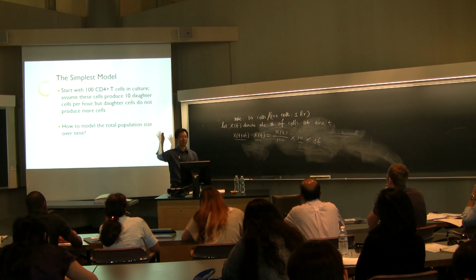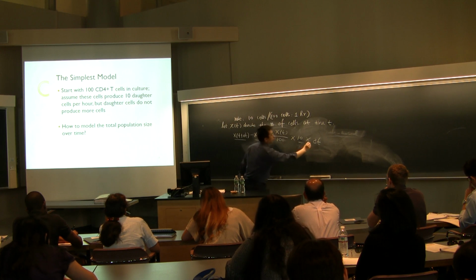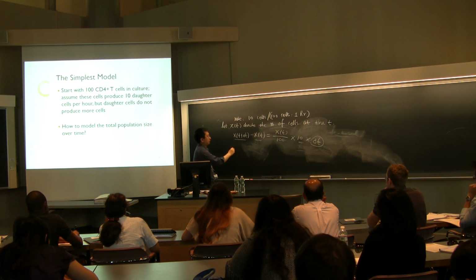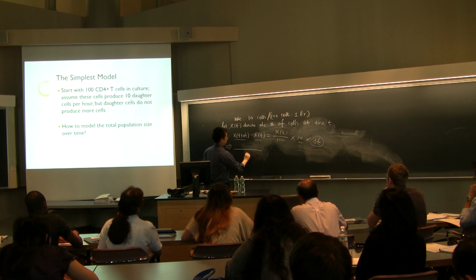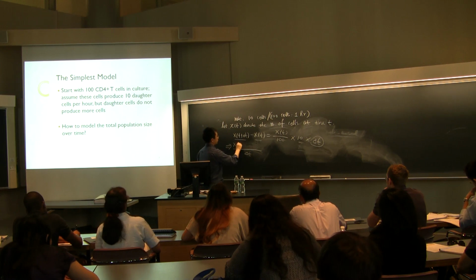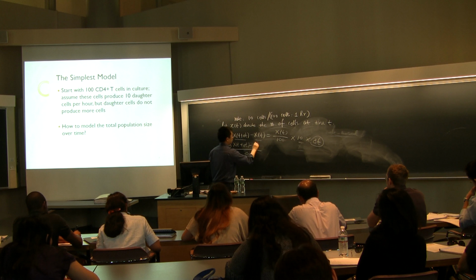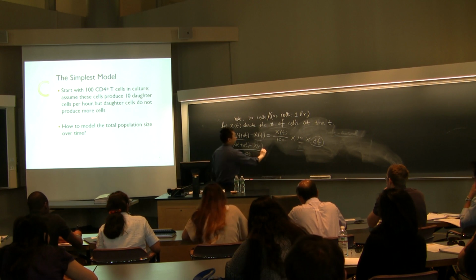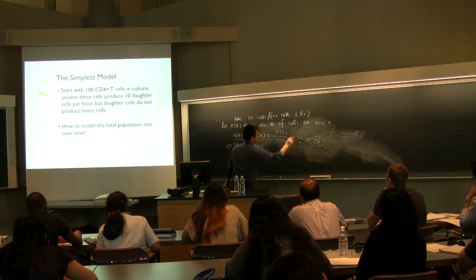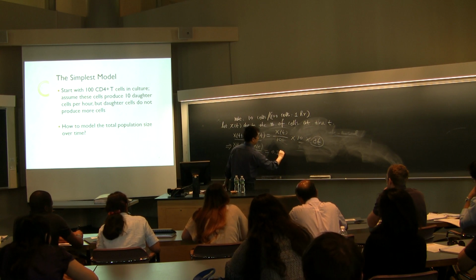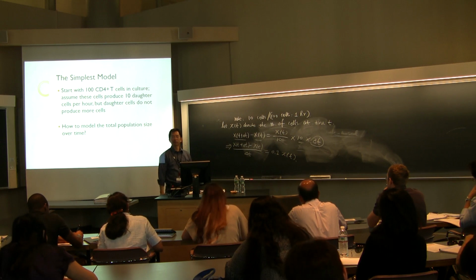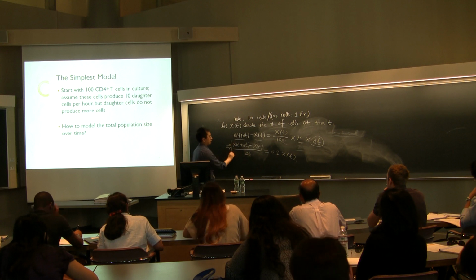Question? No. Good. So what I'm going to do next is divide by delta t on both sides. Then I get what? The change divided by the time interval. And this we cancel out. We get 0.1. And what's this?